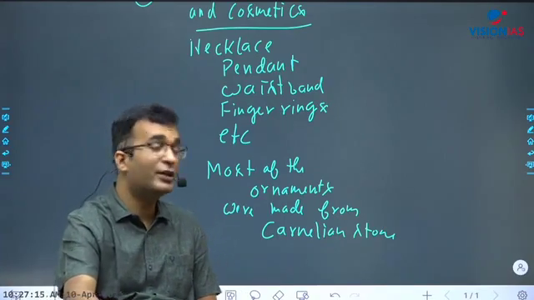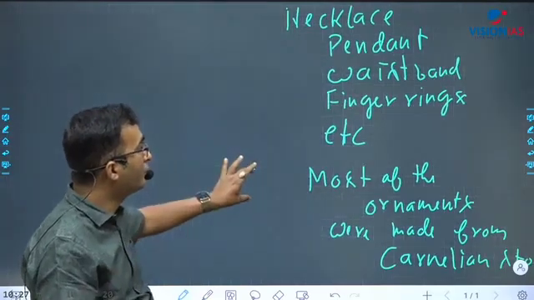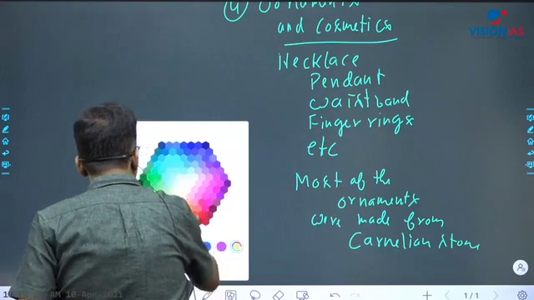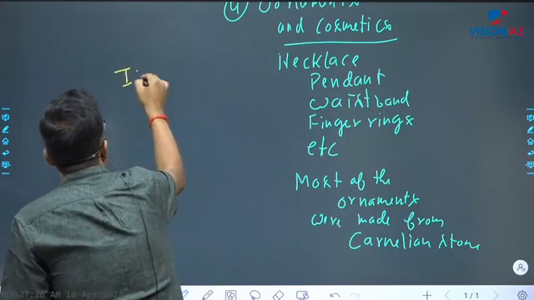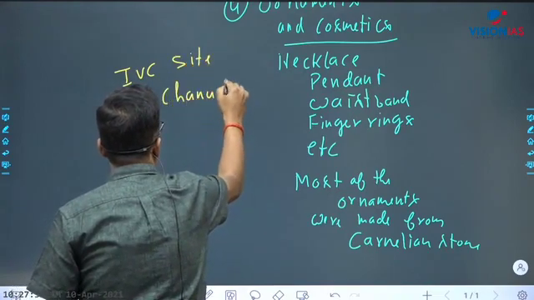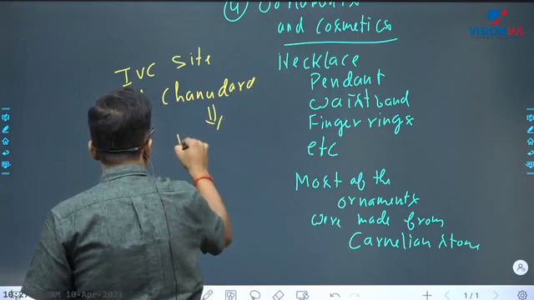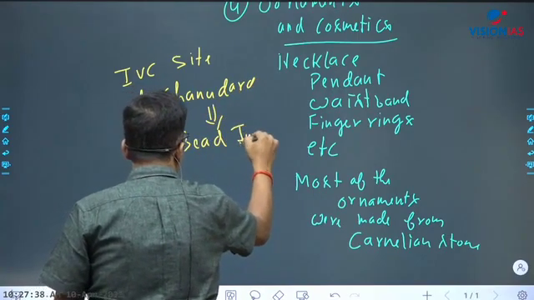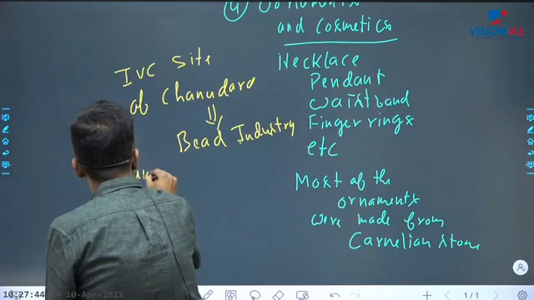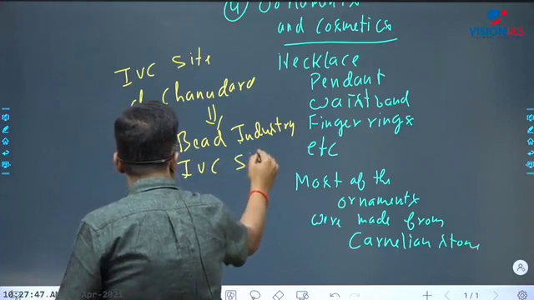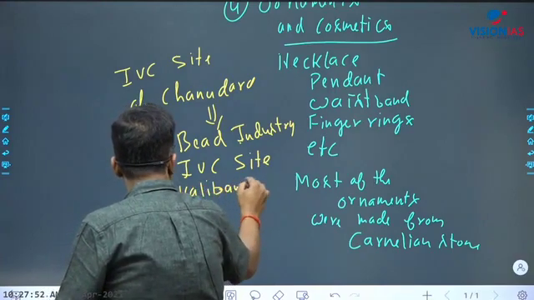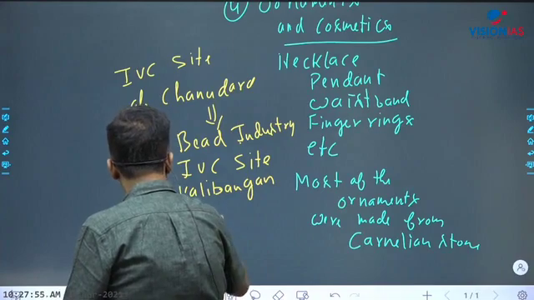I don't know if you have written it in your notes, but you can write it over here that the IVC site of Chanudaro was known for the bead industry, and the IVC site of Kalibangan was known for the bangle industry.